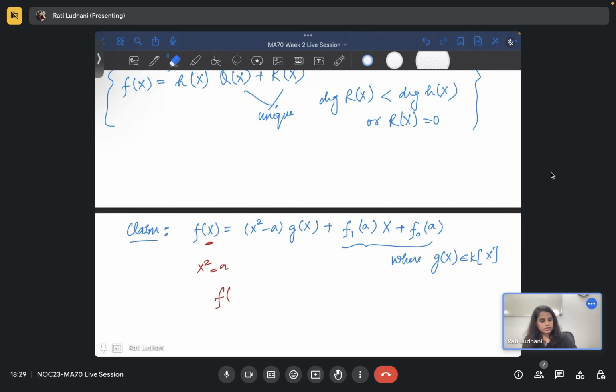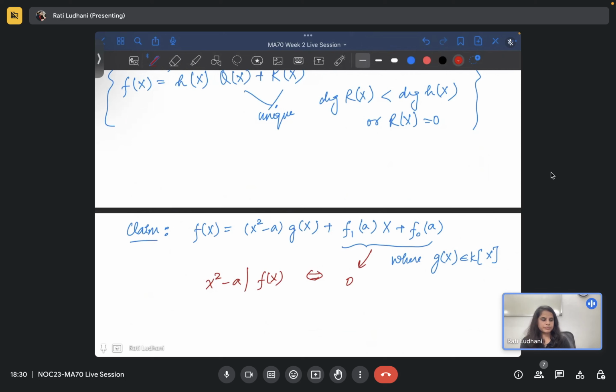So the remainder part is f of root of it, kind of. We cannot say root a; we are replacing x square by a. Right, so you are saying x square minus a divides f(x) if and only if this part is 0.